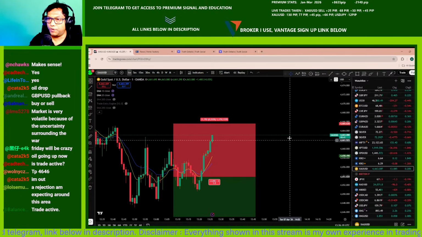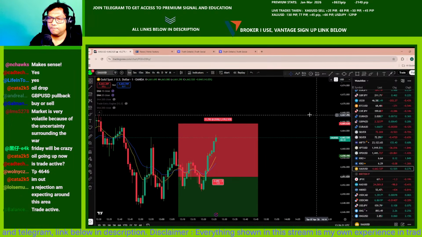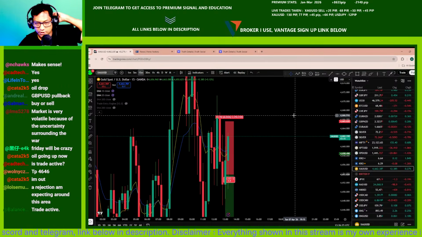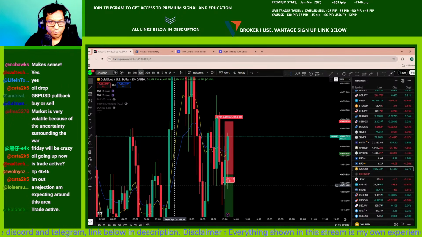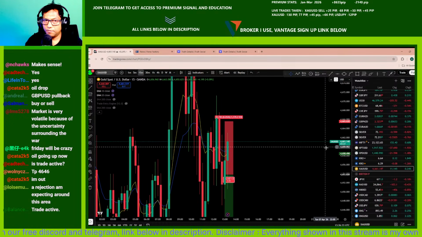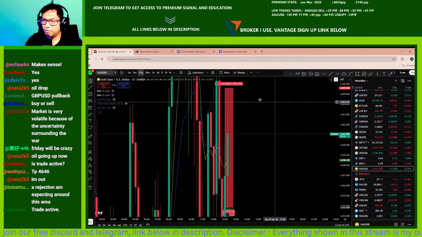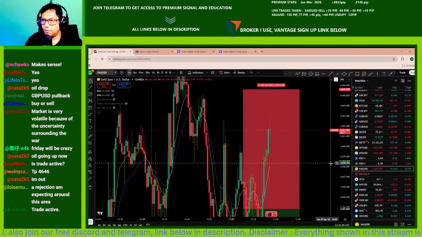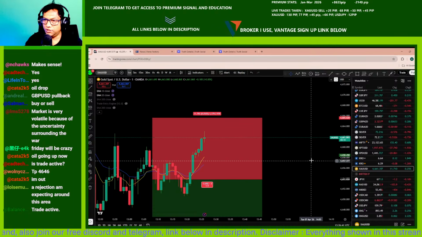Okay, so there is a false breakout, and we'll see how this might move in that area. Might just range here.